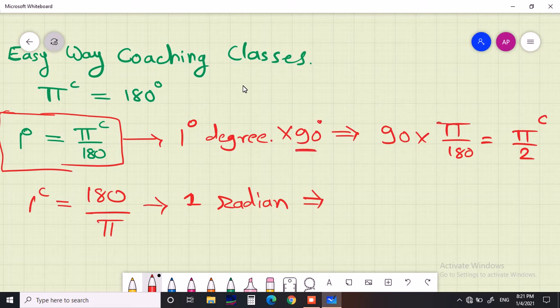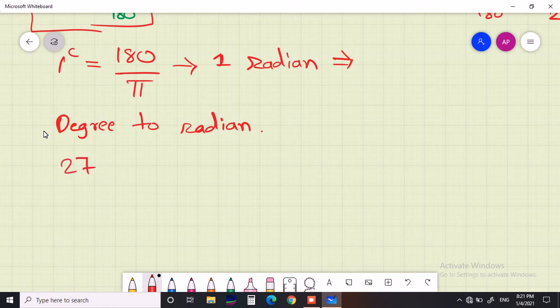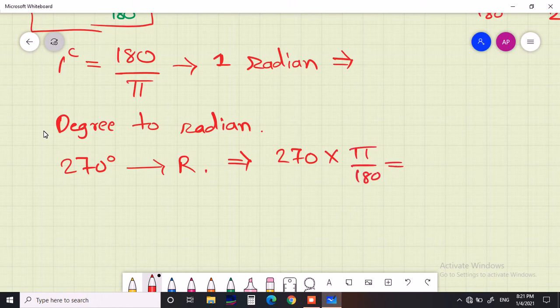Here is a simple point to remember: whenever you want to convert something from degree to radian, suppose I want to convert 270 degree into radian measure, I simply multiply 270 by pi by 180. Whatever I get is in radian. So this becomes 3 pi by 2.